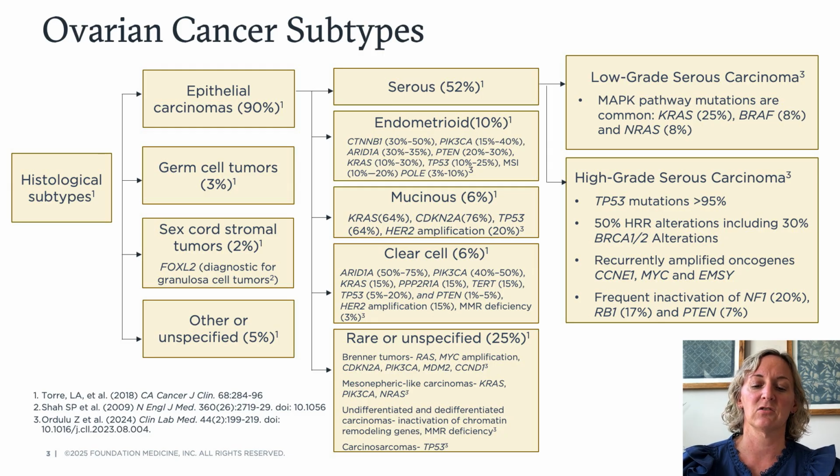High-grade serous cancers almost always have TP53 mutations and often show homologous recombination repair deficiencies, including BRCA1 and BRCA2. Beyond epithelial tumors, there are rare groups which carry distinct genetic signatures. So overall, the genetic landscape of ovarian cancer is diverse, and recognizing these subtype-specific patterns is important for both testing approaches and in identifying potential targets for therapy.